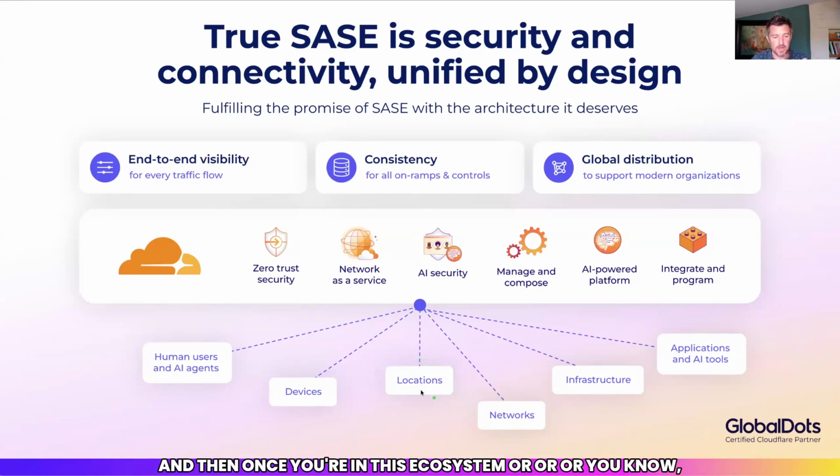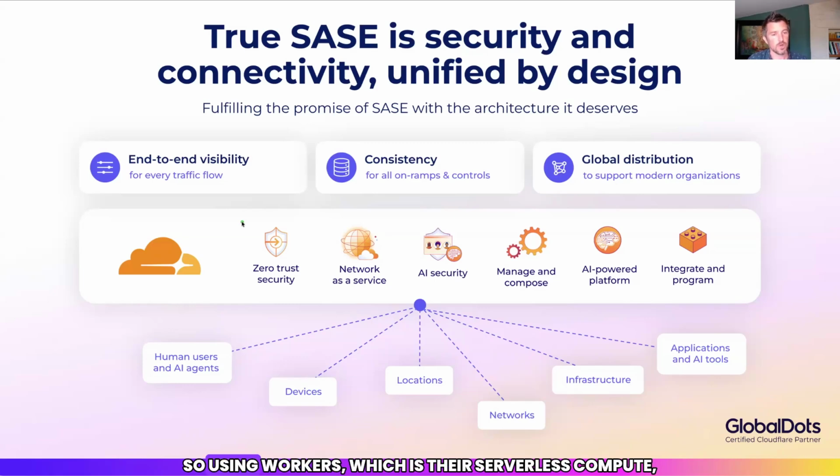And then once you're in this ecosystem, or you're orange clouded, as they like to say in Cloudflare, you get all of these features. So you get zero trust, you get network as a service, you get AI security, you get an AI-powered platform. Cloudflare itself links out to AI models, and it has a full developer platform that lives on Cloudflare as well.